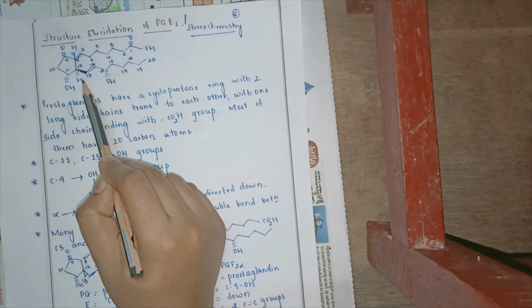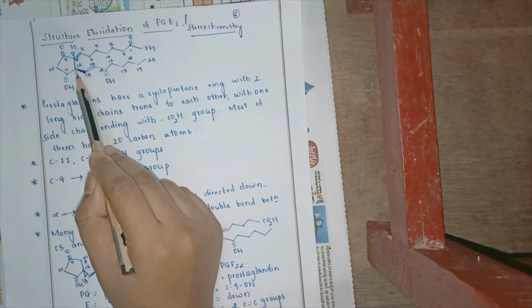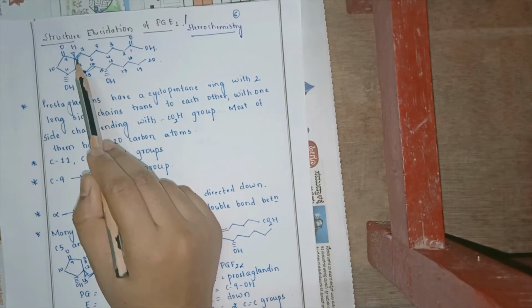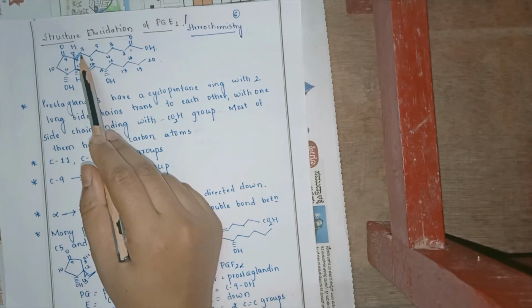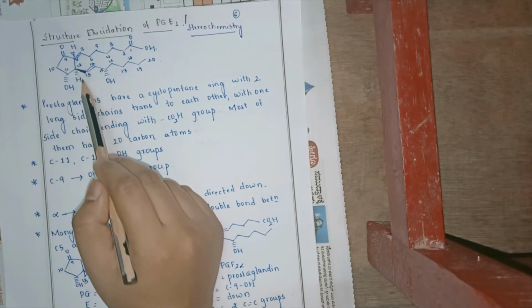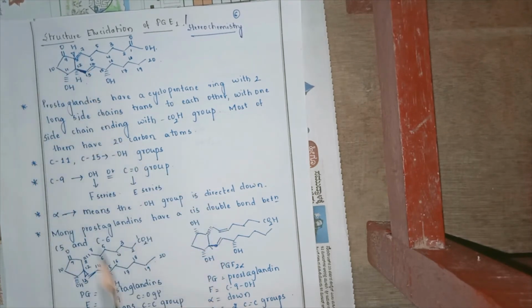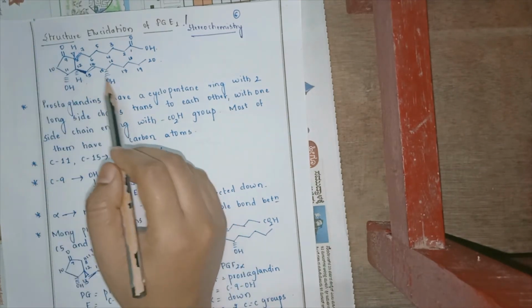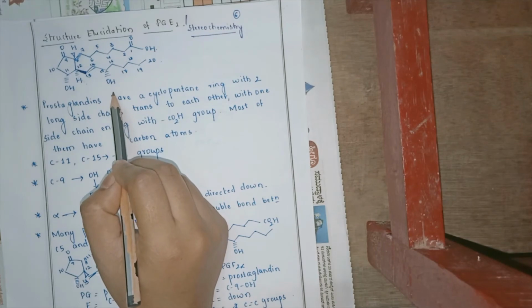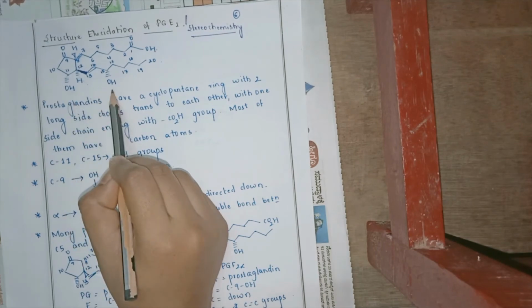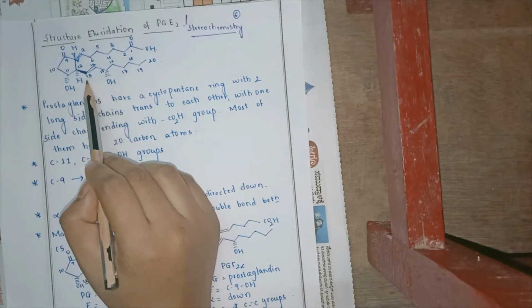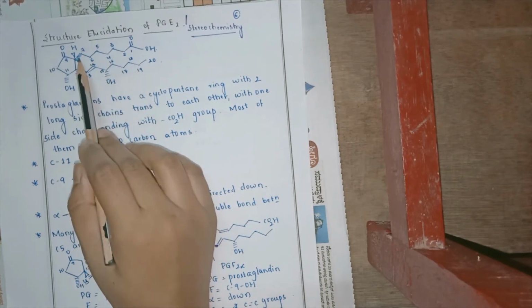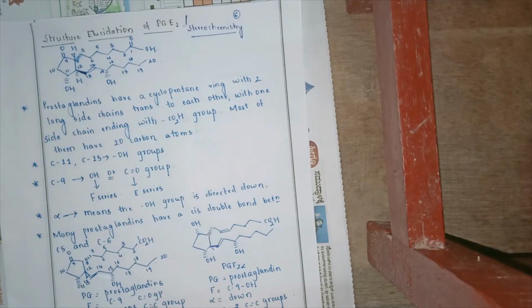That means at position number 8 and position number 12, the carbon atoms are both trans with respect to each other. This speaks about the stereochemistry. The OH groups are alpha, that means they are below the plane, and the long chains are trans with respect to each other.